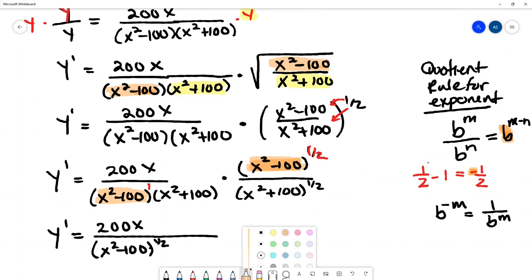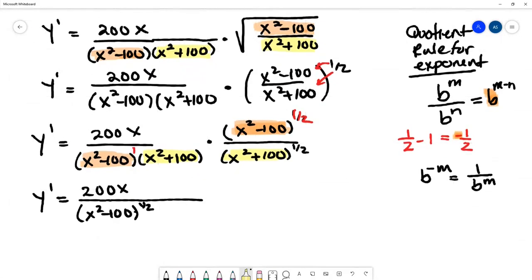Okay, so let's focus on the other. The other base is x squared plus 100, and those are both in the denominator. So we're going to use the product rule for exponents. And the product rule for exponents looks like this.